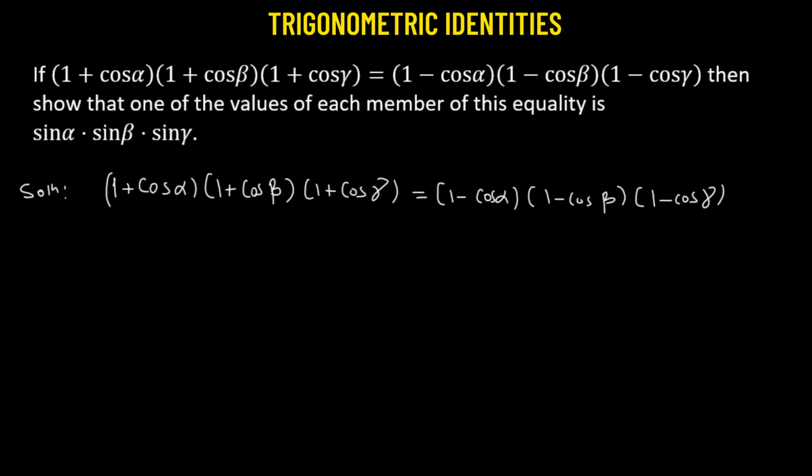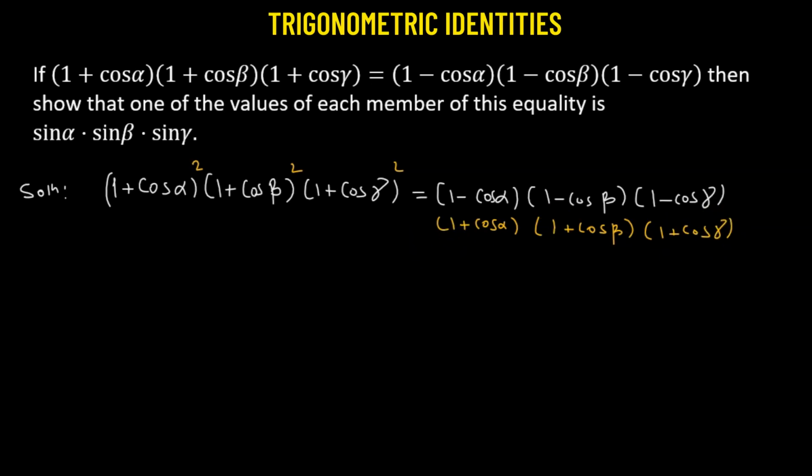What we will do is multiply both sides of the equation with 1 plus cosine alpha, 1 plus cosine beta, and 1 plus cosine gamma. On the left hand side, we will get the square of each expression, 1 plus cosine alpha squared, and so on.